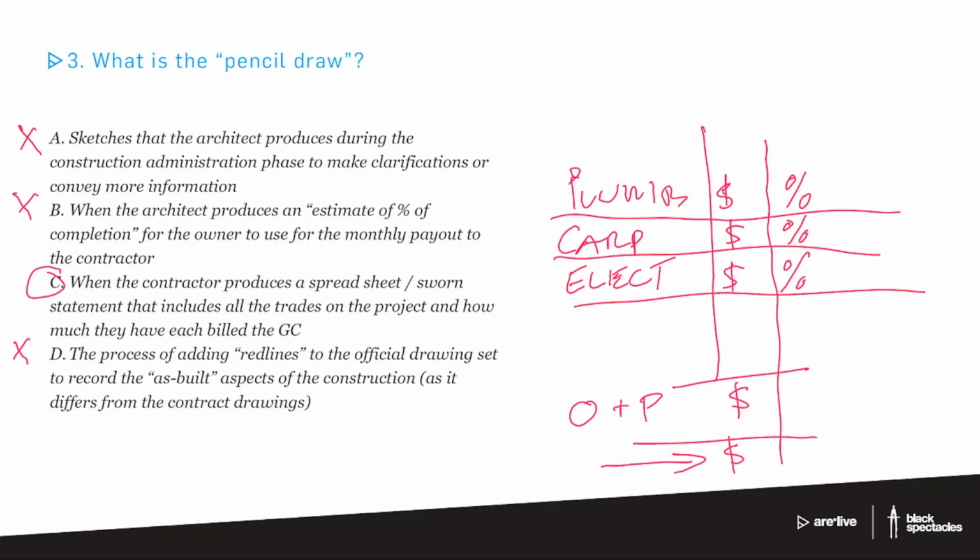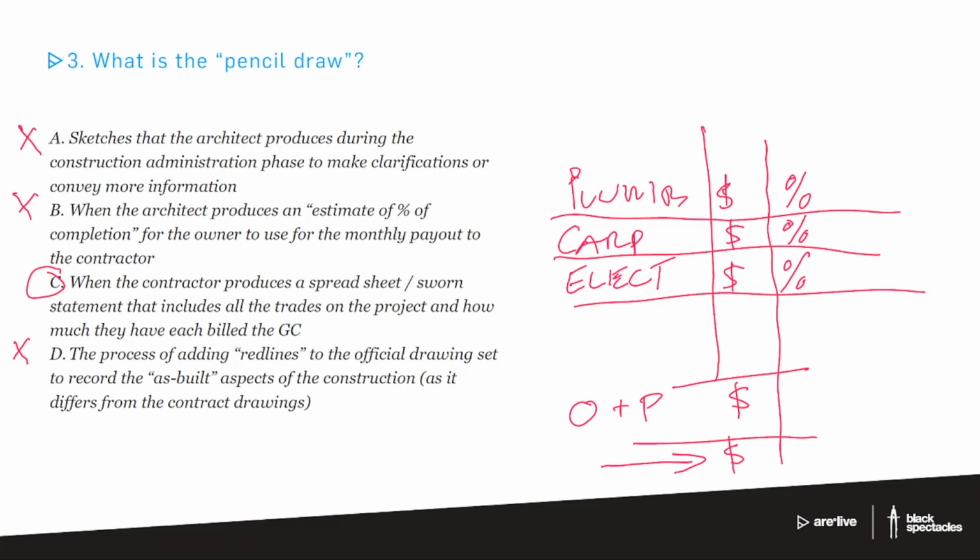So the percent of completion will change for each individual trade as you go along. This document keeps a running tab that tells us what the total amount is, whether there are any changes and change orders to the total amount, and then each line item for each plumber, each carpenter, or each of the different trades. Are there any specialty information about them? Then there's the percent of completion.